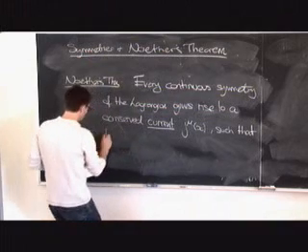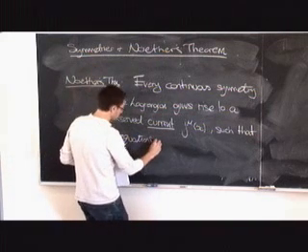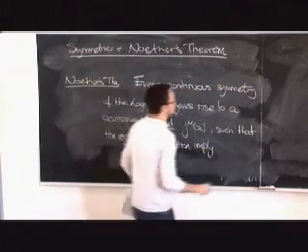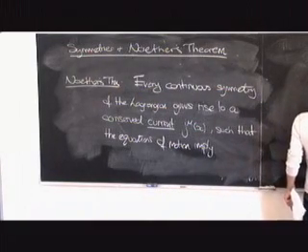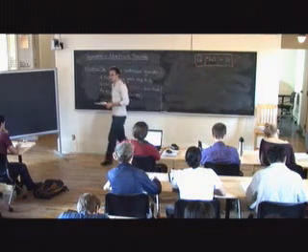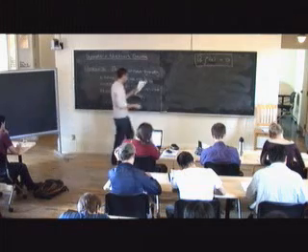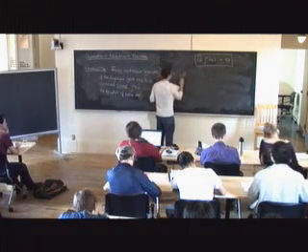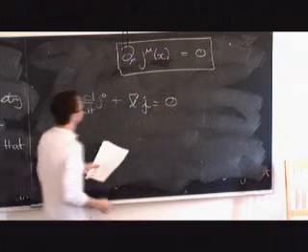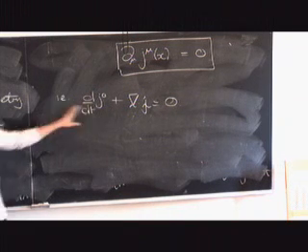The meaning of a conserved current is that when the equations of motion hold, the current obeys the following equation, which is equivalent to this.